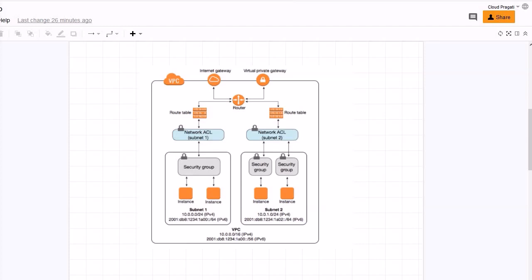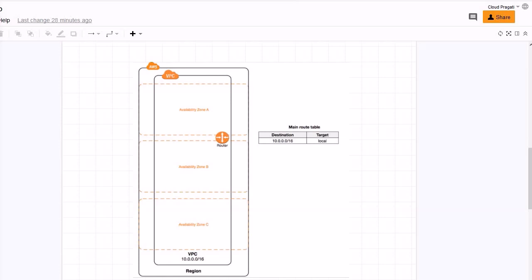To understand it better, we will zoom in and look into another diagram, which is a subset of this diagram. If you look closely, you will find that a VPC spans all the availability zones in the region, and when you create a subnet, you specify the CIDR block.